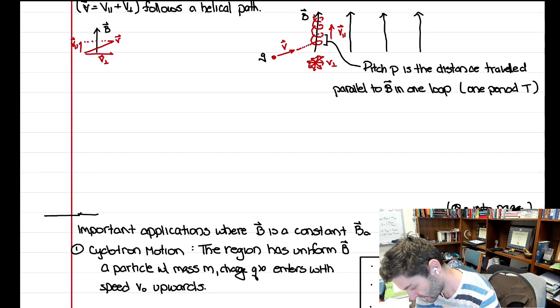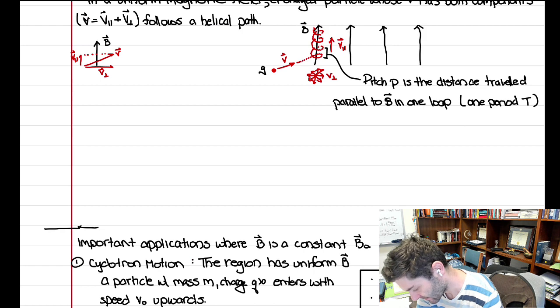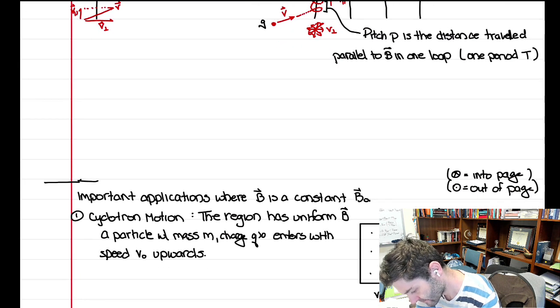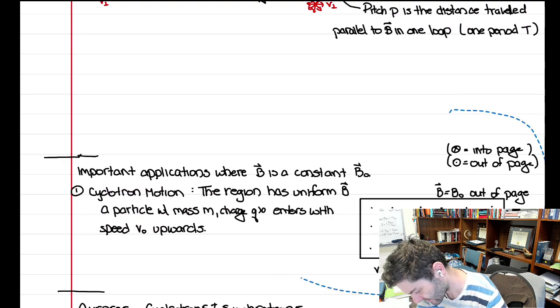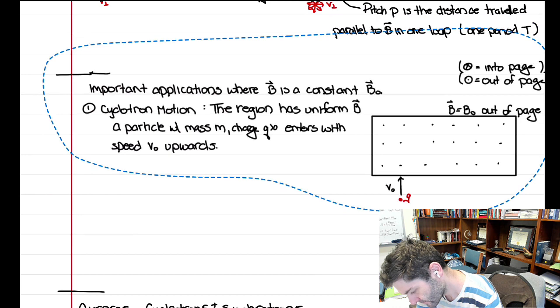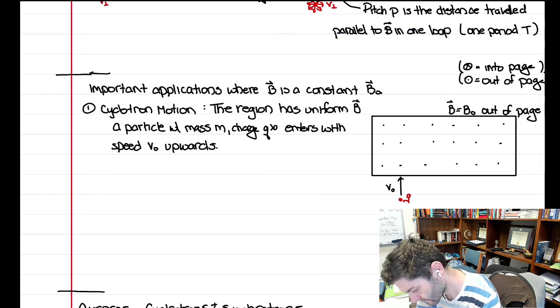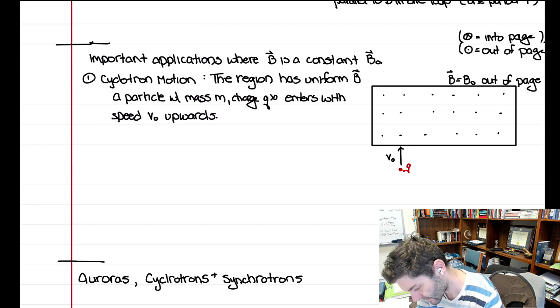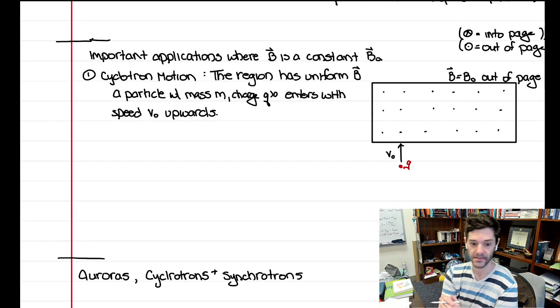Okay, so now let's talk about an important application, which is synchrotron motion. So I already drew some of this out, so let me bring it up. All right, so here's where we can use as our starting point.